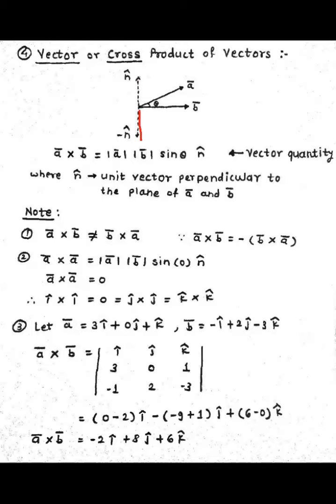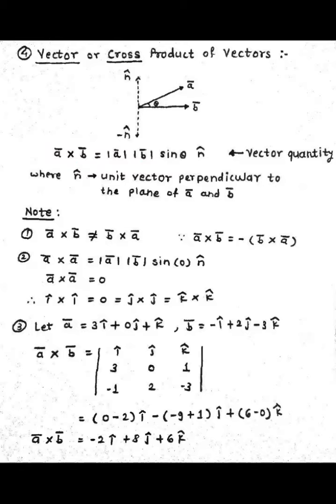So student, this n cap just shows the direction of rotation of two vectors, and it is defined by a bar cross b bar equal to magnitude of a bar, magnitude of b bar, sine theta, into n cap. This answer gives a vector quantity, so this product is called the vector product. The notation of this vector product is a cross symbol, so it is called the cross product of vectors.